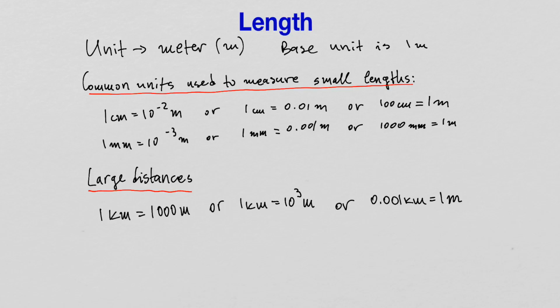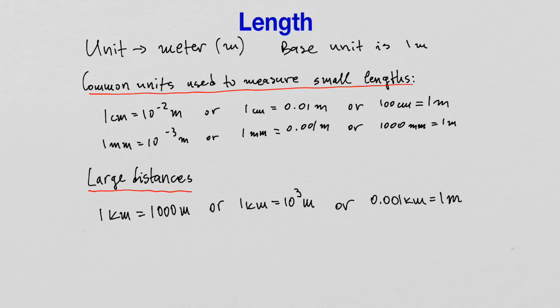And for large distances, the typical unit that's used to measure those is the kilometer. 1 kilometer is equal to 1,000 meters, or 1 kilometer is equal to 10 to the third power meters, or if we reverse that, 0.001 kilometer is equal to 1 meter. So again, these relationships are all identical as far as the relation between a kilometer and a meter is concerned. They are just written in a different way.